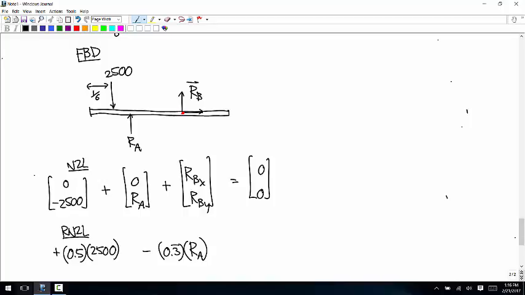That's the only time you need to think about a sign. So even though this 2500 is down, in the negative y direction, put it in here as positive, put this positive, and then just think about the direction of that rotation. That's the only place the sign comes in. And then the last one is RB. That's at the about point, so that doesn't produce any moment.